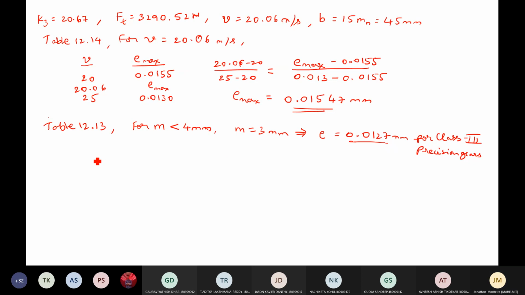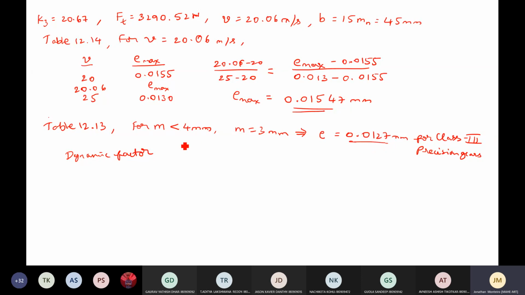So what about dynamic factor now? In order to calculate the dynamic factor, you need to interpolate. Now we know that Emax is 0.01547 and the probable error is 0.0127. So what has happened here?